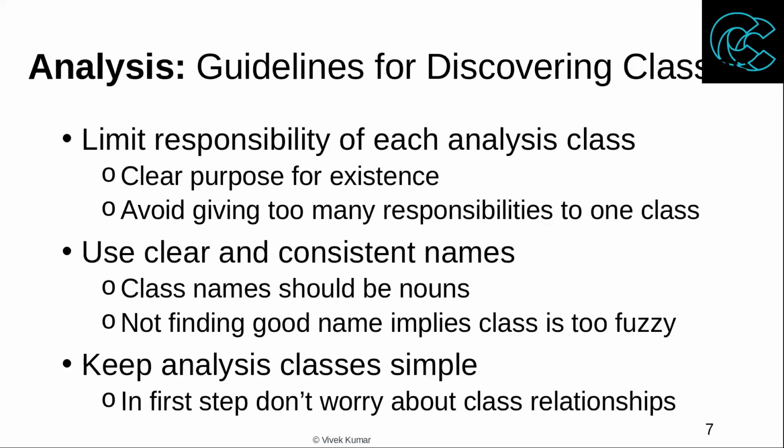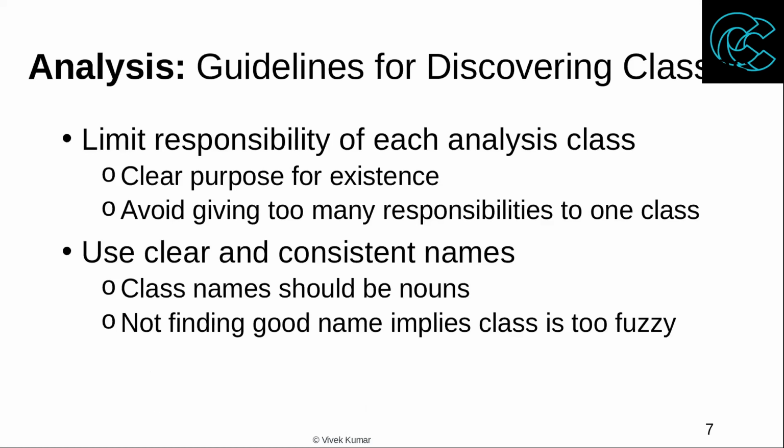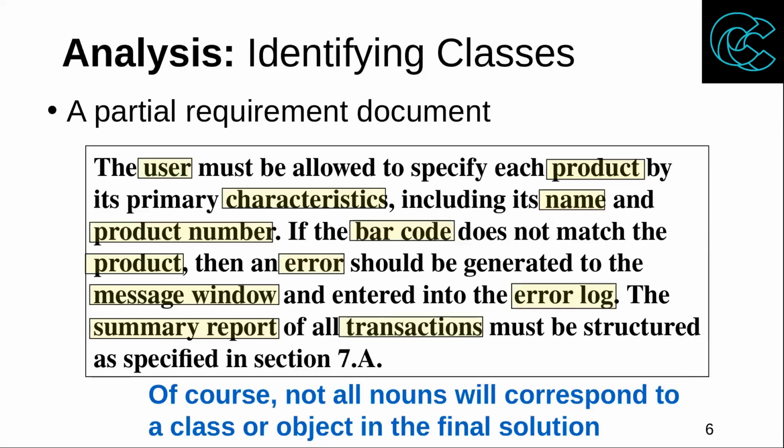So then the first letter of each word should be a capital letter. So for example, going back to the previous one, let's say we have a class called summary report. So there should not be any space. You concatenate these two, and then you make S capital and R capital. So that's a good naming convention.